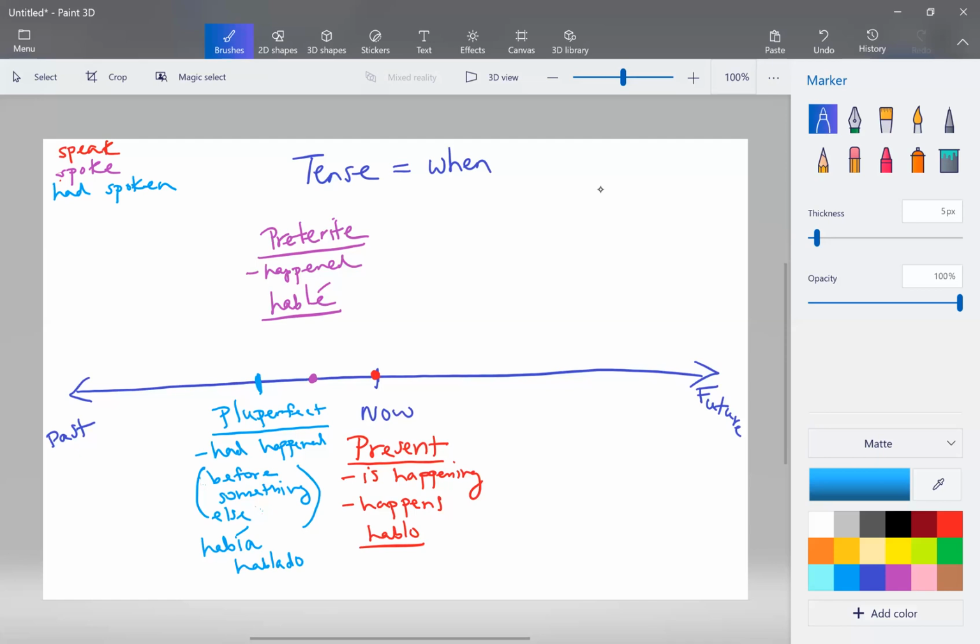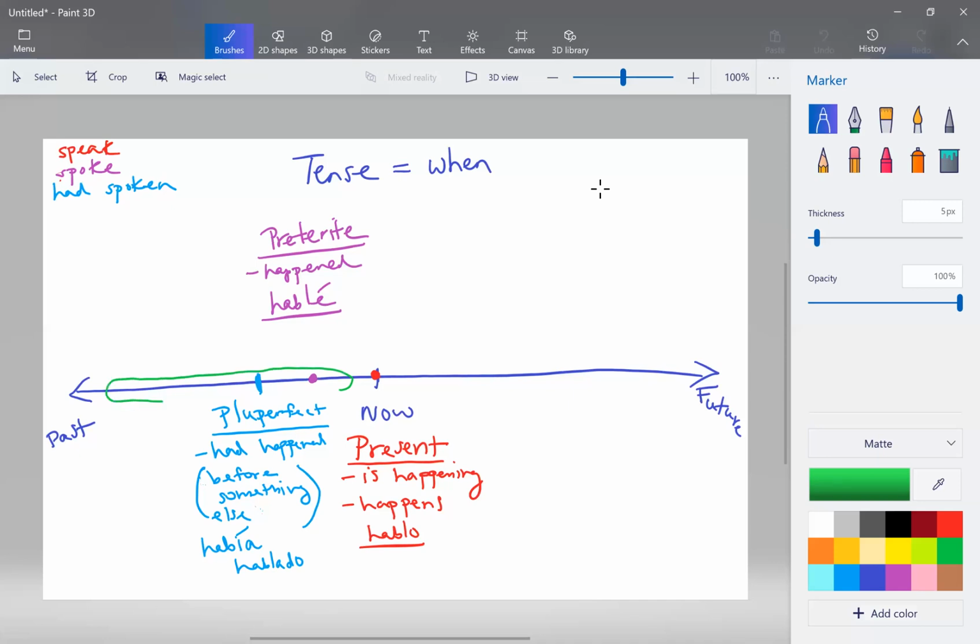The imperfect. Good. So the imperfect is also a past tense. Can I put a dot for the imperfect? Not really.